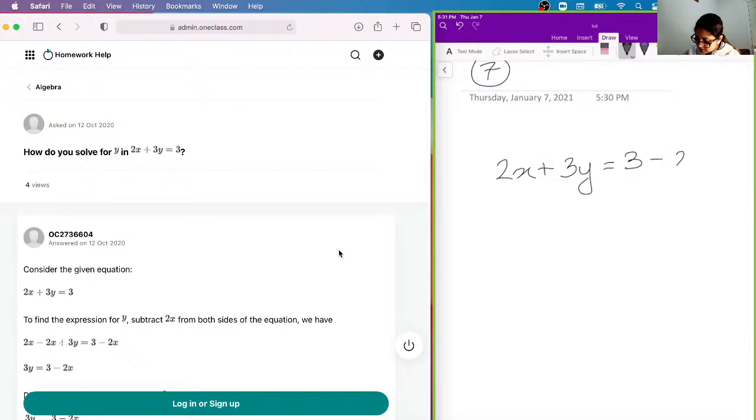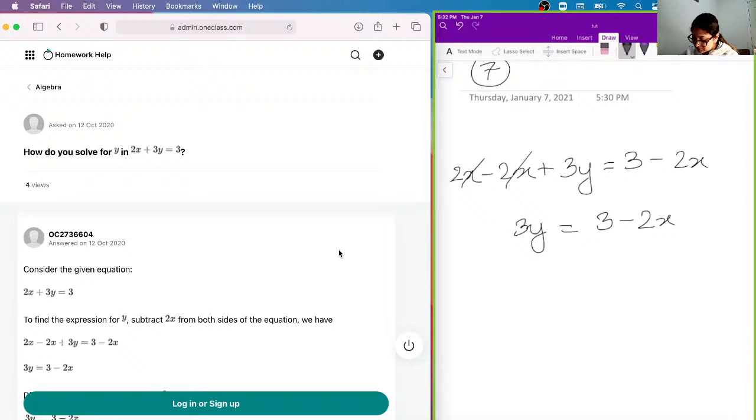So we have 2x, right? So you would want to subtract it on both ends. So you would have 2x, and so you would basically get rid of this on that side. And so you would have 3y is equal to 3 minus 2x.